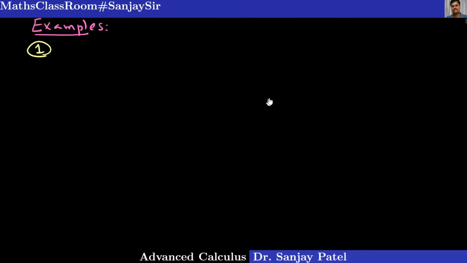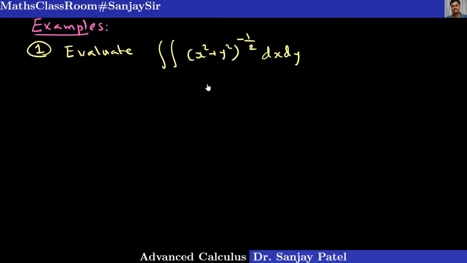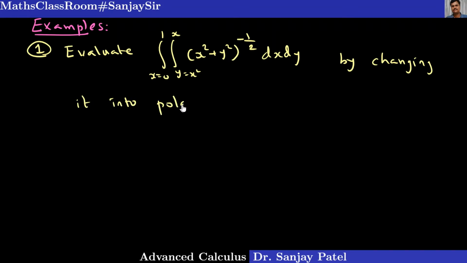Evaluate the double integral of the function x square plus y square raised to minus 1 by 2 dx dy, where the limits of integration are x equal to 0 to 1 and y is equal to x square to x, by changing it into polar coordinates.